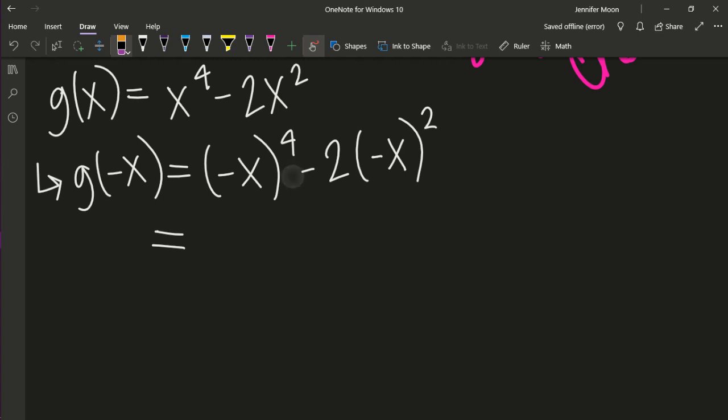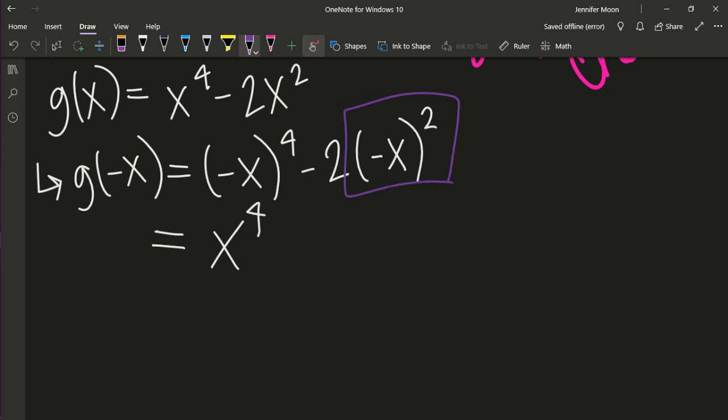Negative x to the fourth. I know that my exponent is even, so that means that my variable will be even. Keep your exponent. And then right here, this is what I'm looking at.